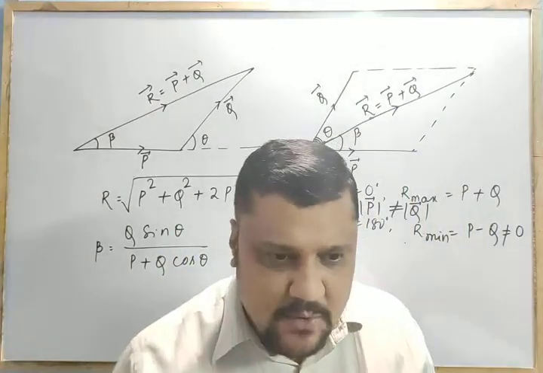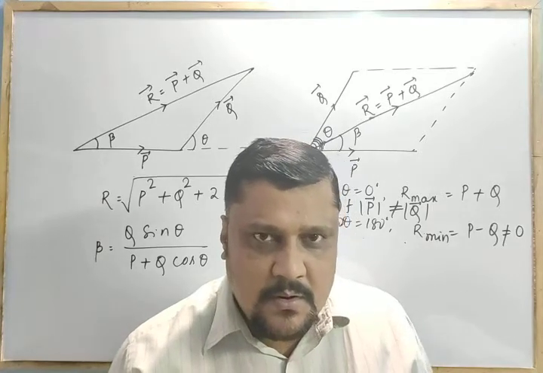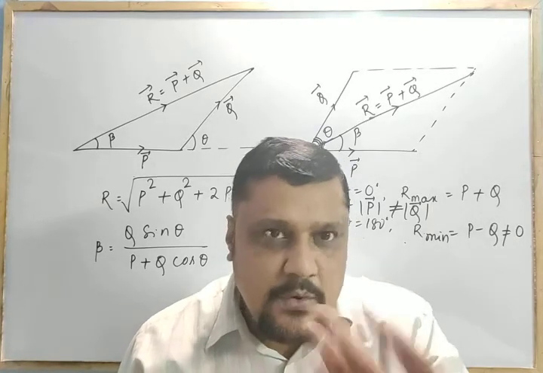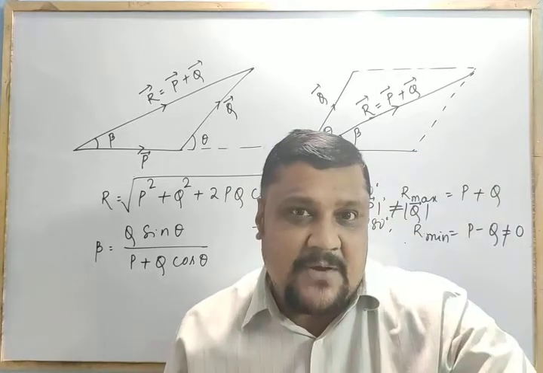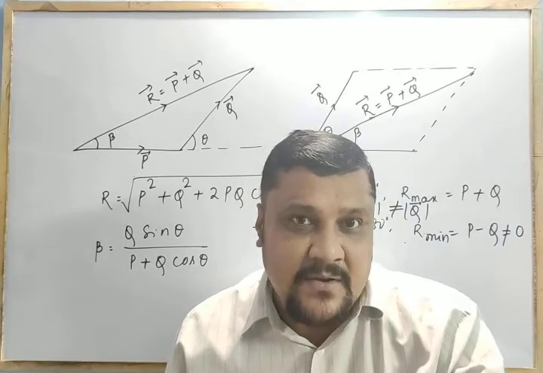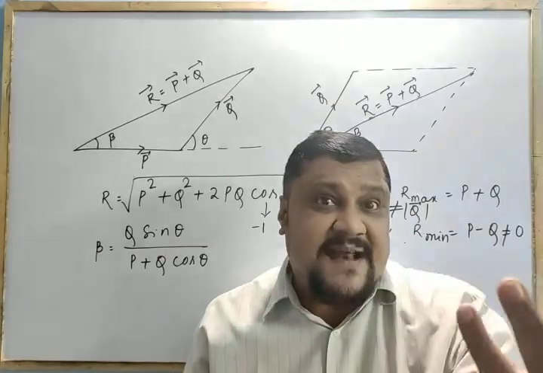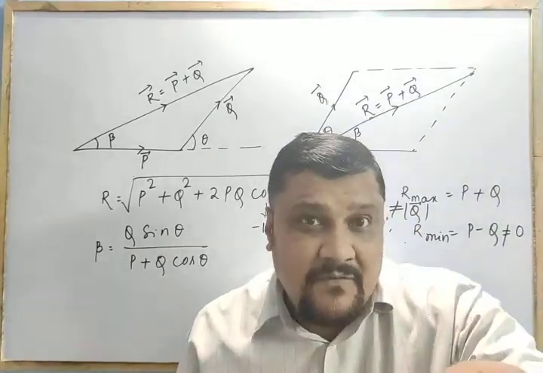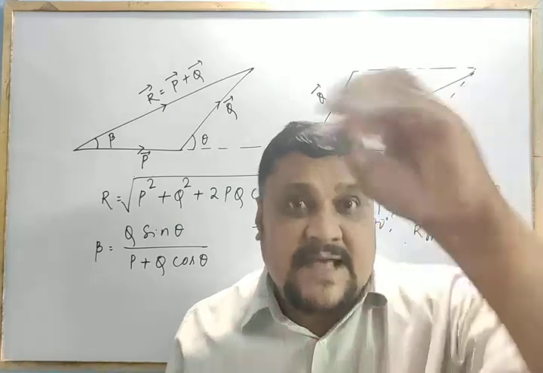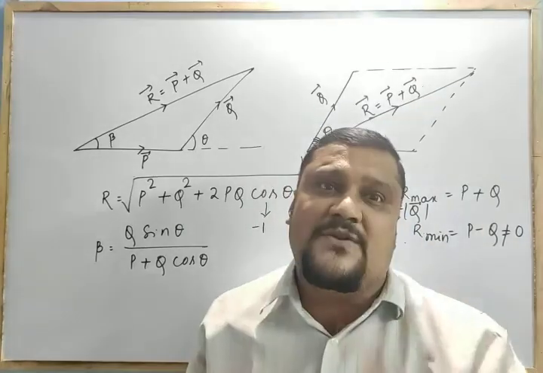It means if the magnitudes of the 2 vectors are not equal, then to get the resultant 0, we have to use another vector which is of equal magnitude and opposite direction to the resultant of the 2 vectors.